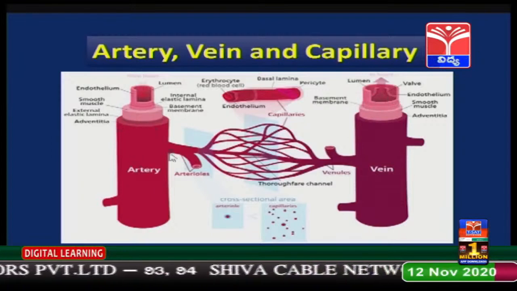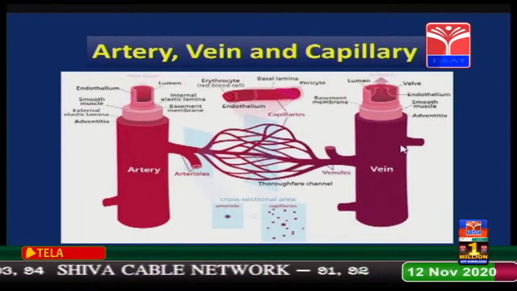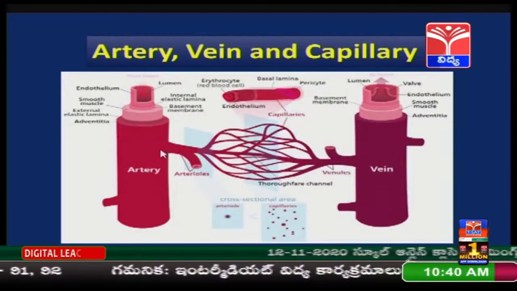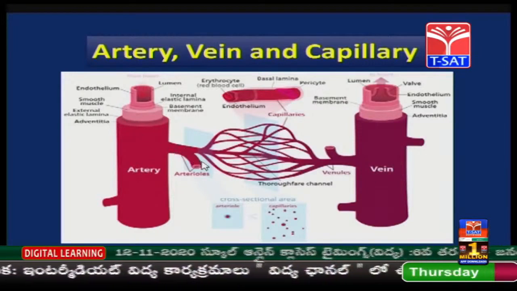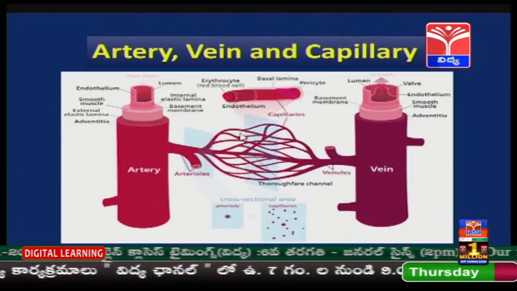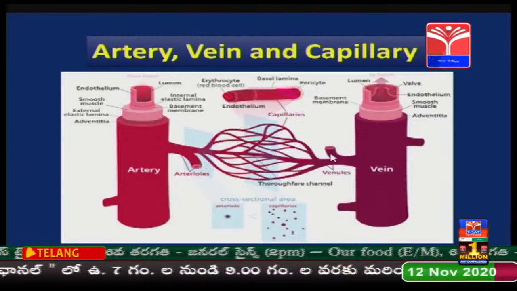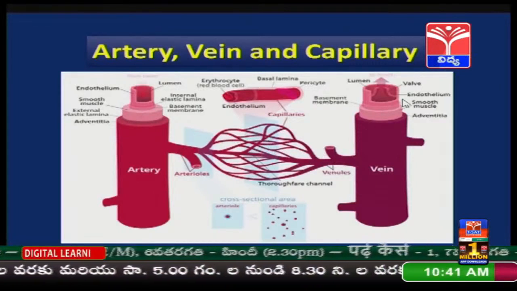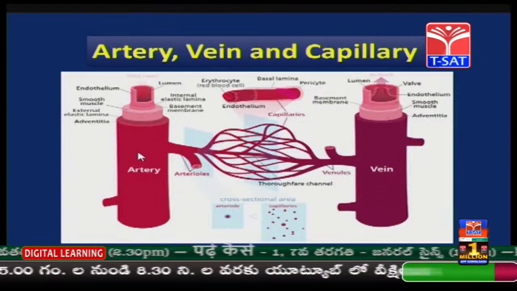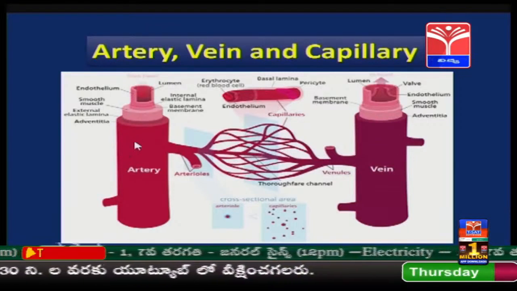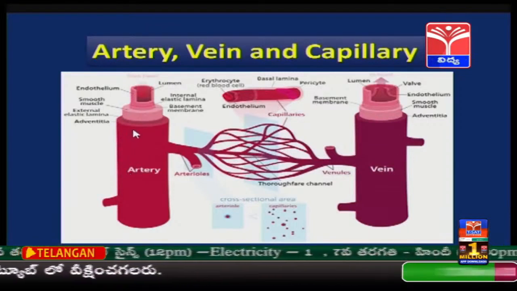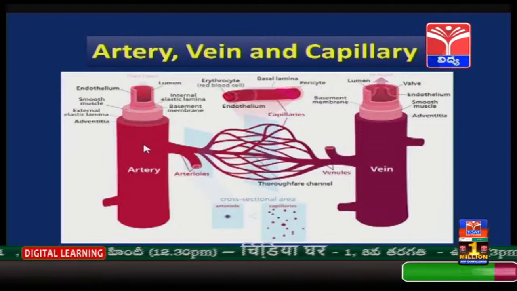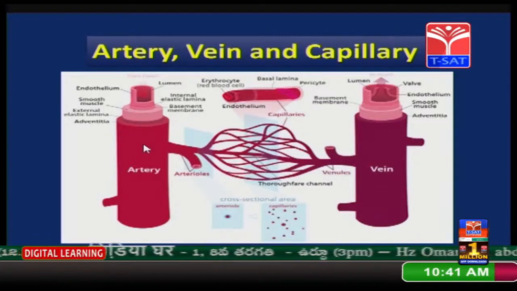Children, arteries are bright red in color, veins are dark red in color. Arteries are divided into arterioles and capillaries, whereas veins start with venules and end with the vena cava. Arteries perform the main function of carrying oxygenated blood to the various parts of the body, and the blood pressure is higher in the arteries.